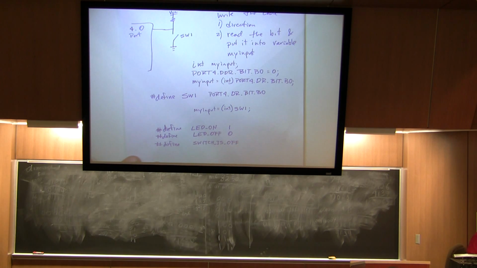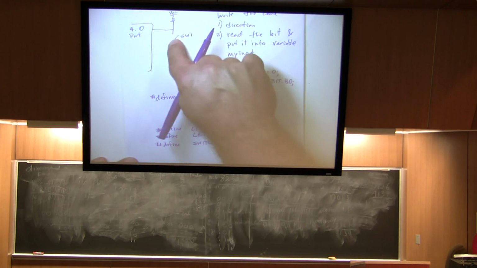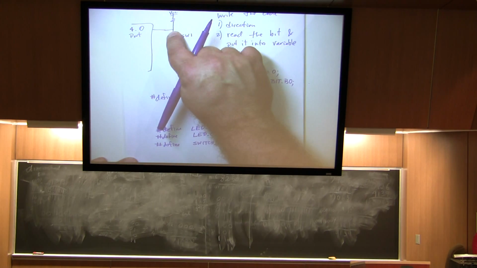By the way, is C case sensitive? Oh, yes. So if we look at some of the things up here, some lowercase characters are probably not too good. So switches off when we read what? Remember, right here? If the switch is not pressed, what voltage will this read here? 5.